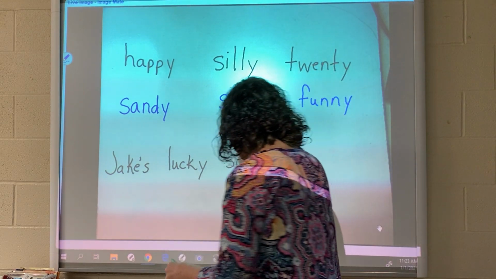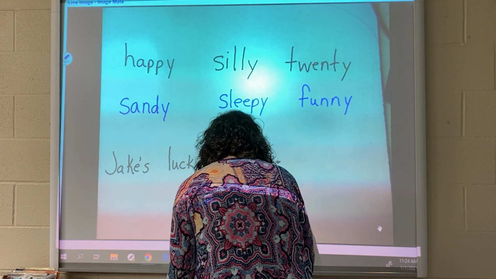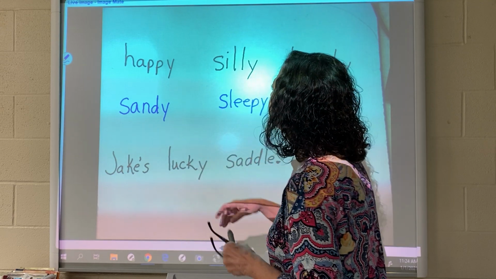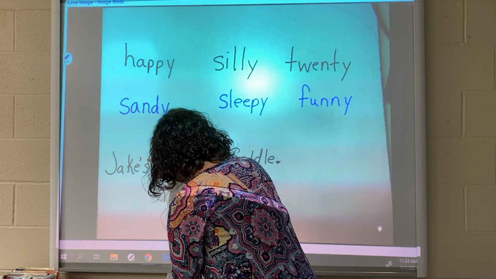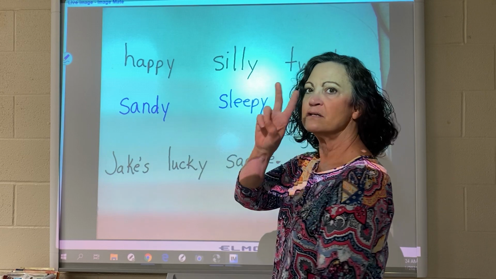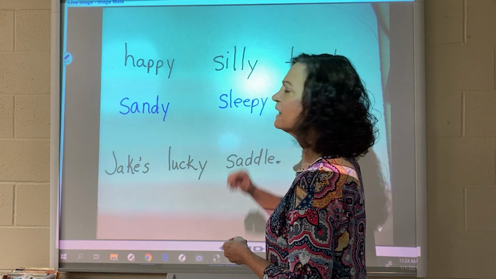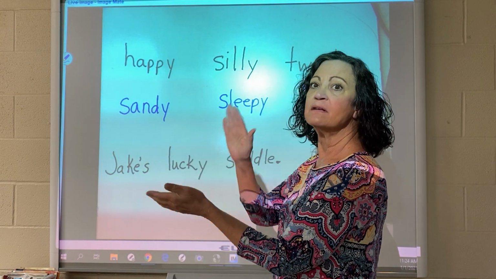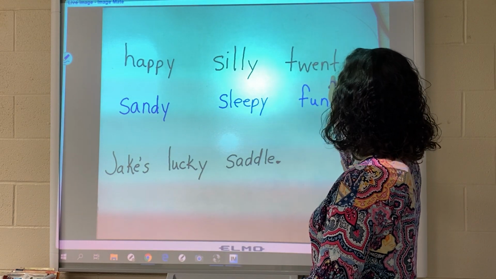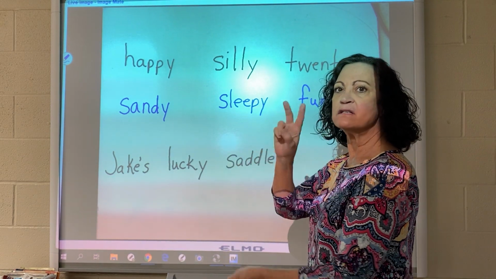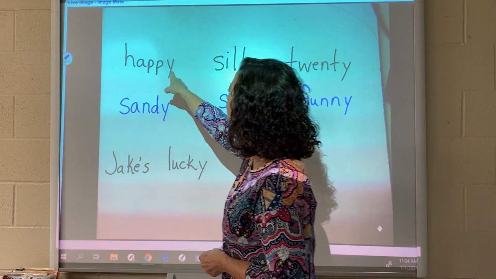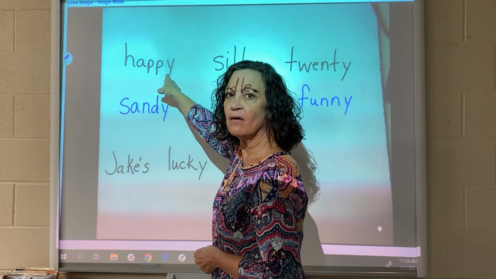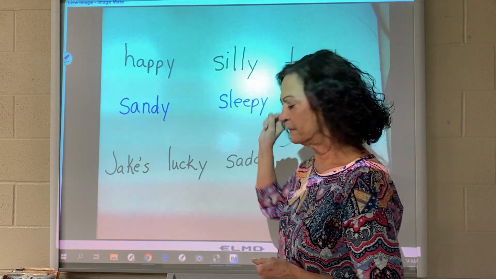And this is how we code it. Now, if you will notice these words, happy, two-syllable word, silly, two-syllable word, 20, two-syllable word, because Y is acting as a vowel in each one of these words.